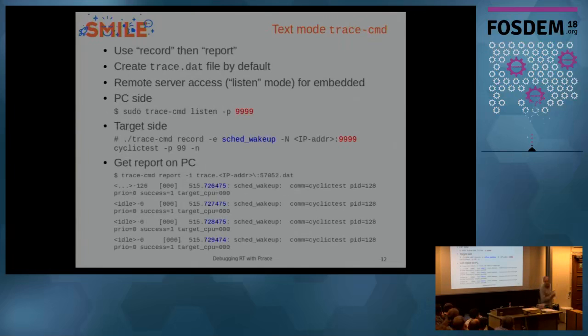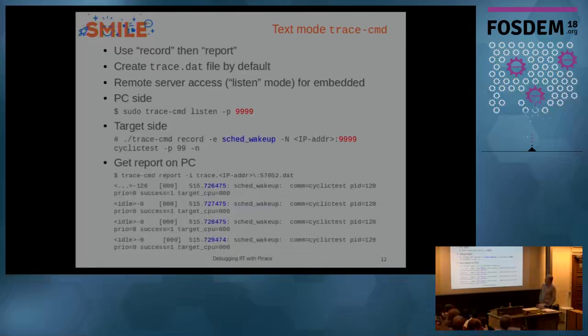So for trace-cmd, you use record and report: record to record and report to display. And by default, you will create a trace.dat file. You can use a remote server listening on a PC. For example, you run trace-cmd listen with a port number, and on the target, on the embedded system, you send the data to the PC with the same program.